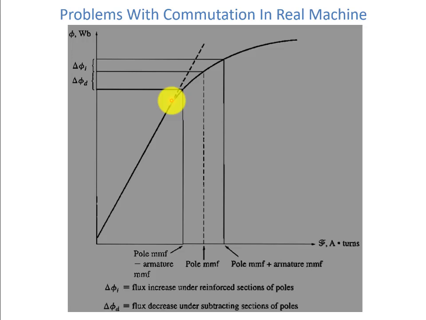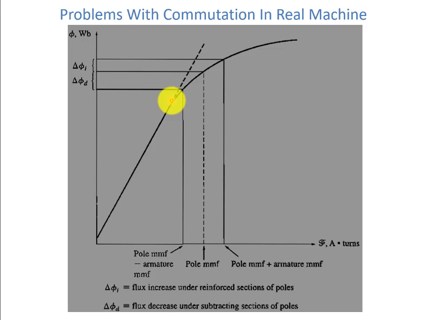So we have seen that because of this flux weakening problem in a generator, the output voltage will be reduced. But in motors, it increases the speed of the rotor beyond the rated speed. Sometimes it's not a big problem, because we use this flux weakening technique to control the speed of motors.